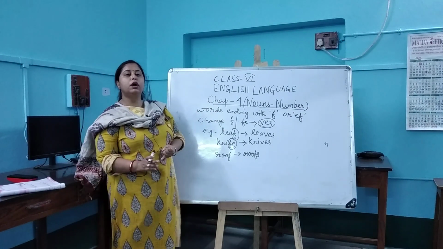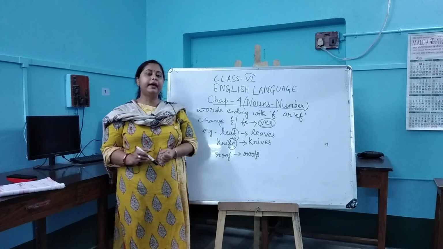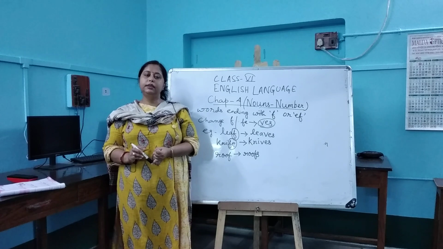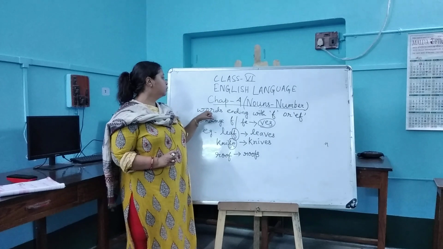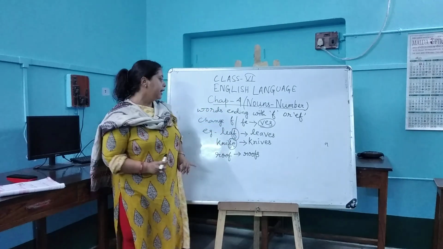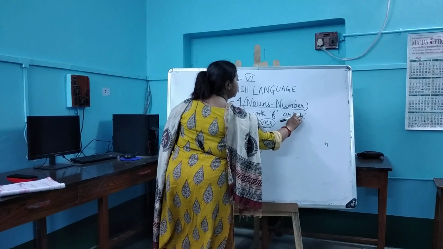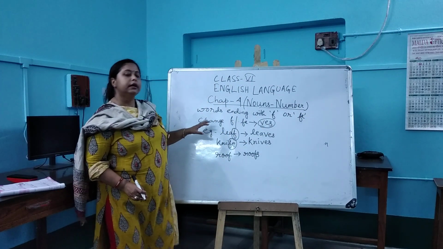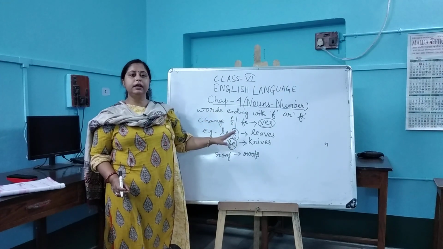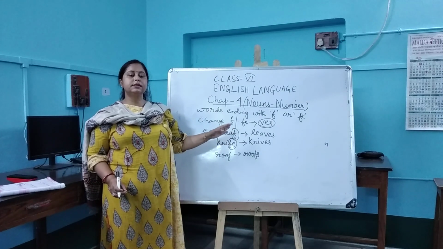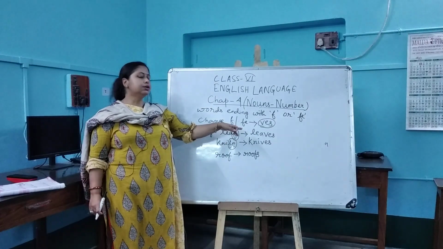Now the first rule we learned is changing singular to plural by adding es or s to the singular noun. The second rule we have learned is that words ending with f or fe, when changed from singular to plural, the f changes to ves, like leaf changes to leaves.